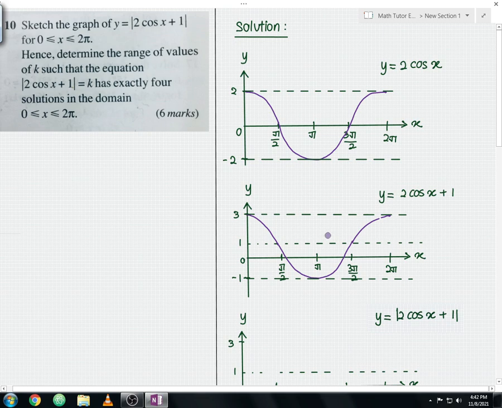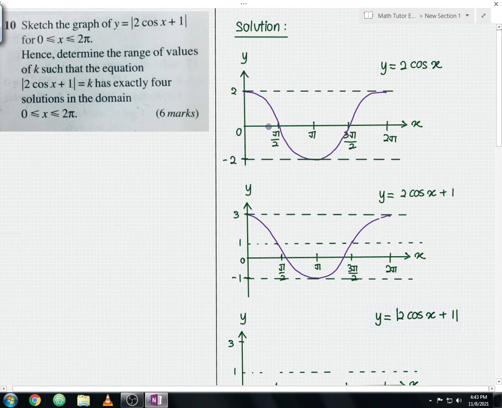So from here let me explain this first sketch, y equals to 2 cos x. It mentions this 2 here, and this 2 indicates the amplitude. So your highest value will be 2 and your lowest value negative 2 respectively.